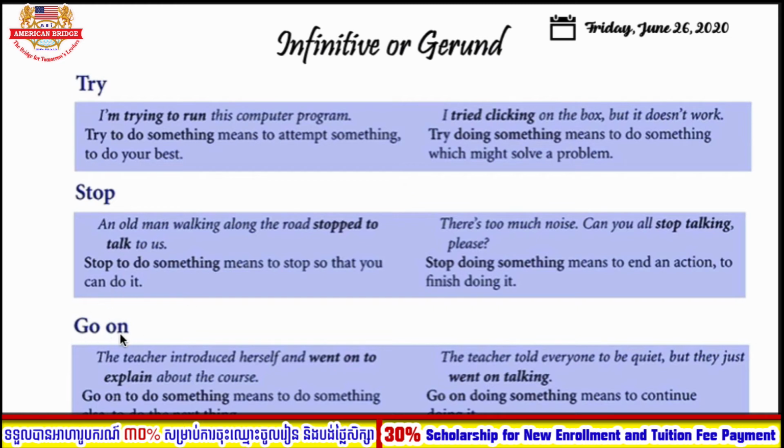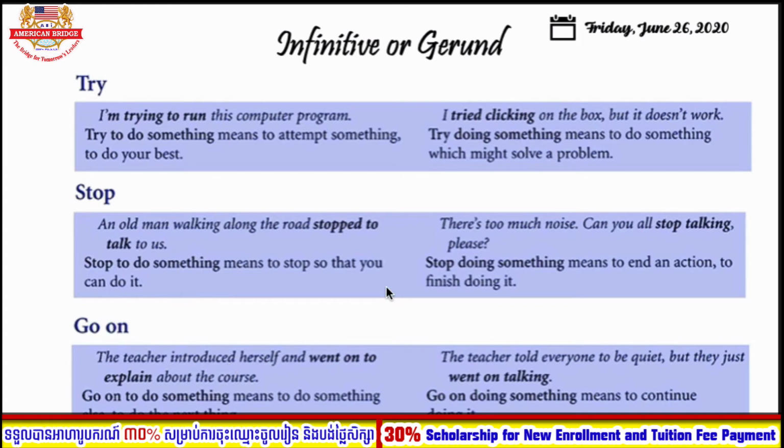Let's move on to the word go on, which is important as well. Go on has the same meaning as the word continue. If you say go on to do something, it means you do one thing already and then you continue to do the next thing. Let's say please go on to do exercise number 2, which means you already finished exercise 1.